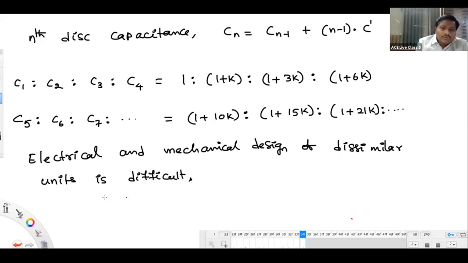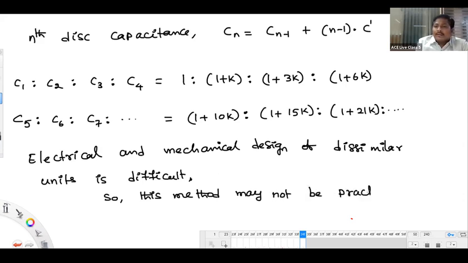So this method may not be practical to improve the string efficiency.